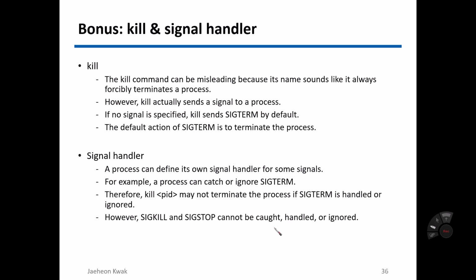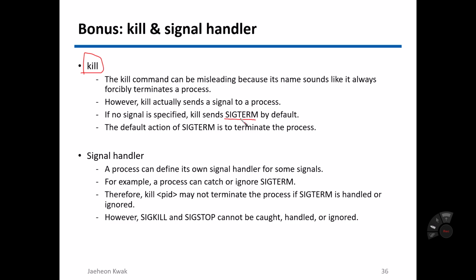The kill command can be misleading because its name sounds like it always terminates the process. However, we can use the kill command to send a specific signal to other processes. The default operation of the kill command is sending SIGTERM to the other process.